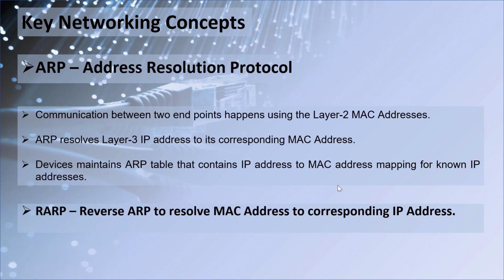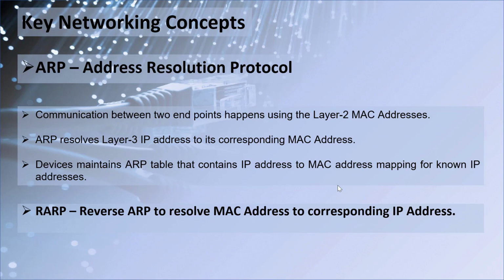Network devices maintain an ARP table that has a mapping of IP address to MAC address. Let's take an example. A network device receives a packet and it has the IP address, but when looking at the ARP table, the ARP database, that device doesn't have the corresponding MAC address.